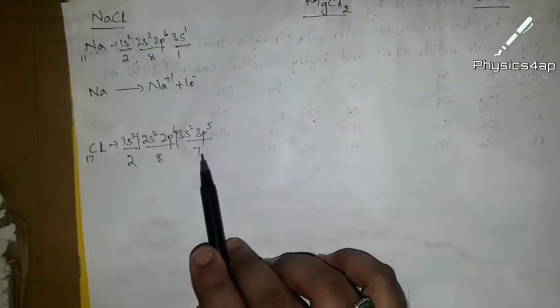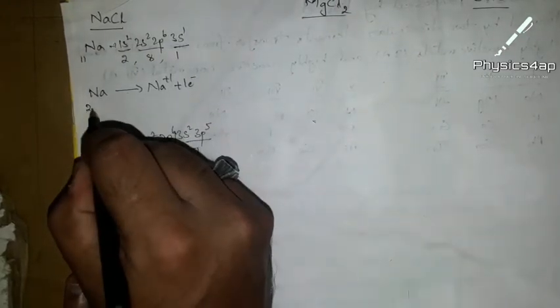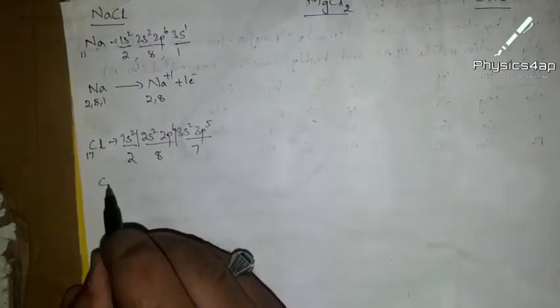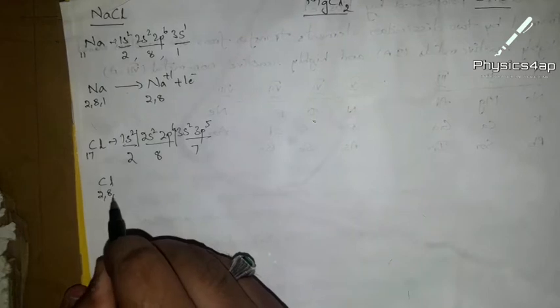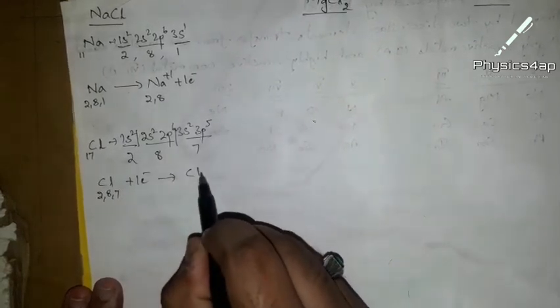Now to get the octet configuration, it has to gain 1 electron, then it gets 8. Sodium has 2, 8, 1, and when it loses an electron it gets 2, 8. Chlorine has 2, 8, 7, and when we add 1 electron it becomes Cl minus, with 2, 8, 8, which is an octet configuration.